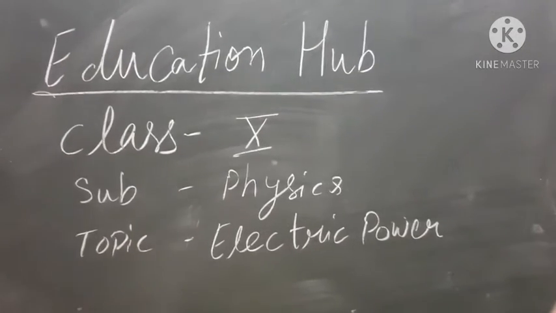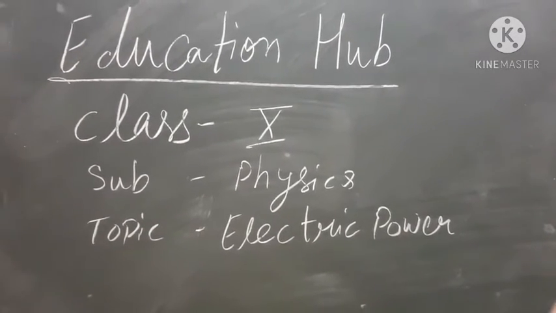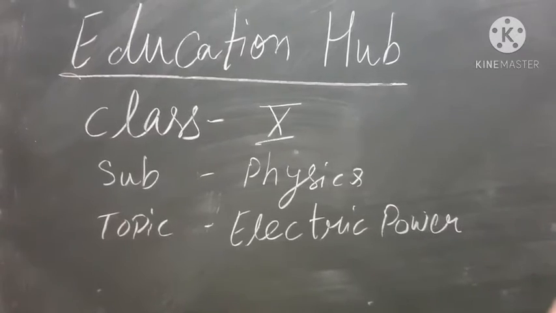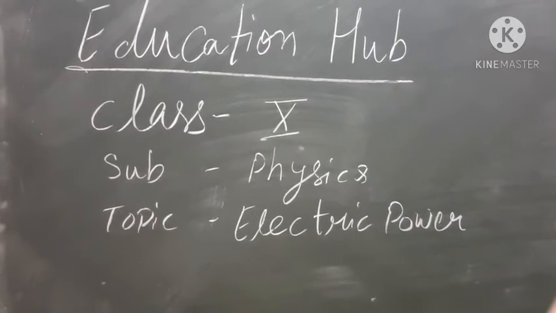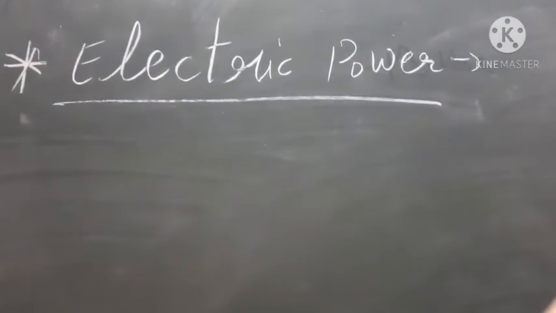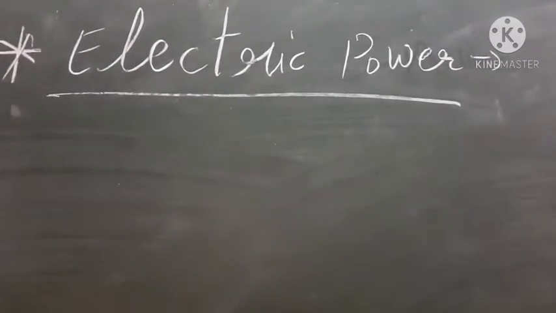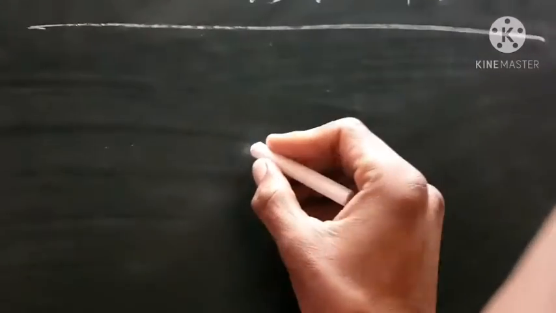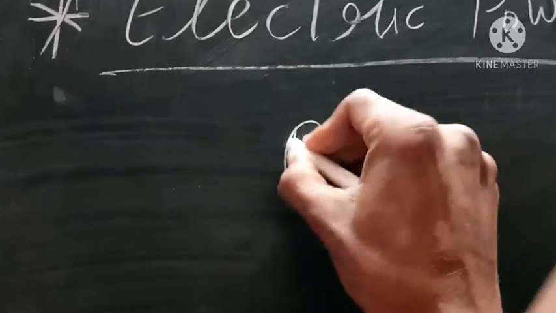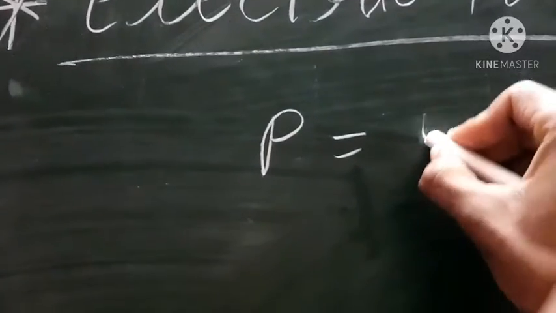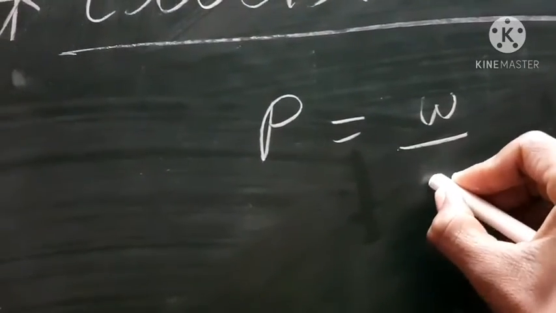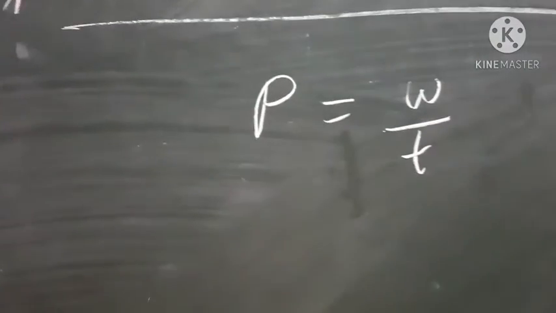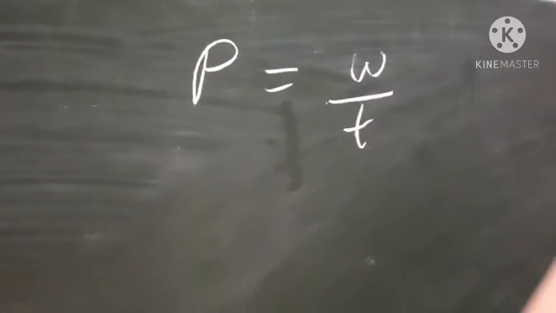Today we are going to cover the topic electric power of class 10 physics. So let's start without wasting our time. Electric power is defined as the rate of doing work. So that means we can write electric power P as the rate of doing work, that means work done divided by time. This is the formula of power.